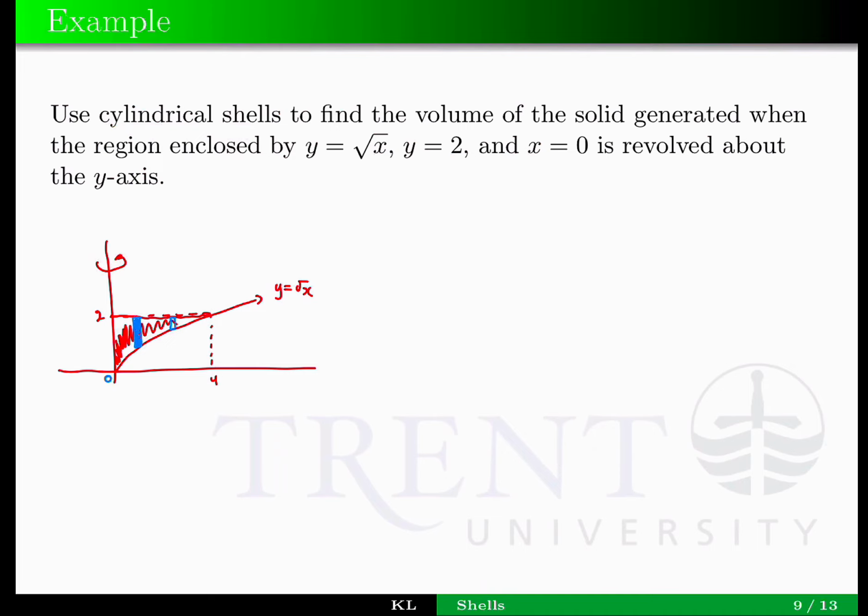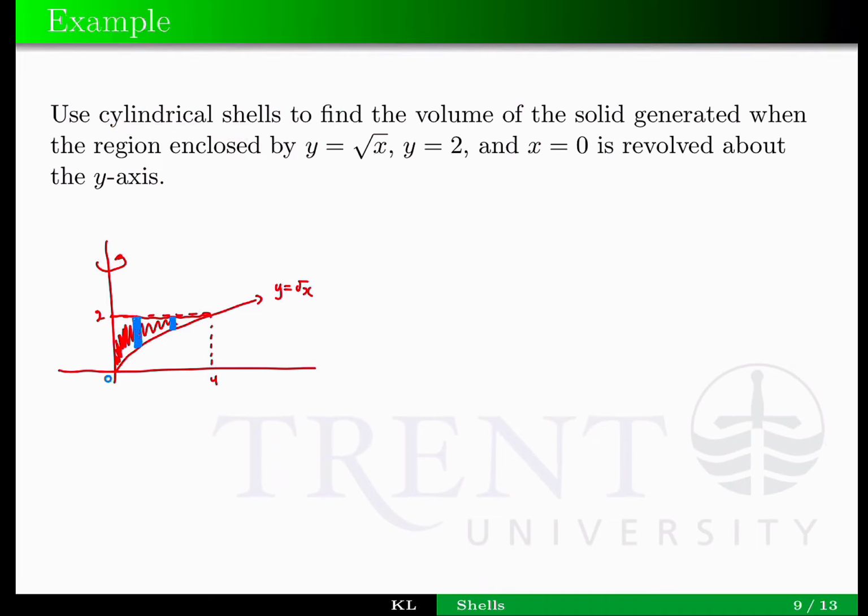And notice that as you move the strip, this upper portion will always be y equals 2. This lower portion will always be the function y equals square root of x. We are using a vertical strip, so the variable will be in terms of x.